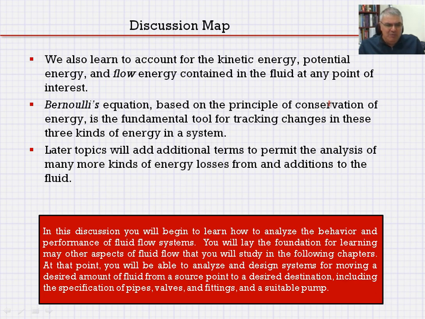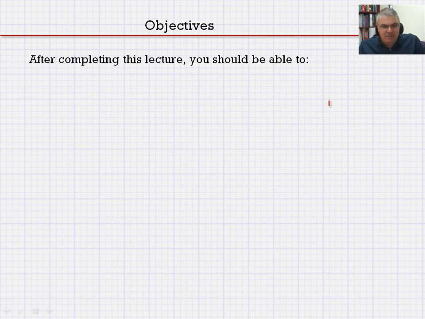Our goal would be to analyze the behavior and performance of fluid flow systems, whereas up to this point we pretty much concentrated on the static behavior of the fluid. Now we would like to see if the fluid is moving, sometimes at velocities that are causing all kinds of impact on the flow. How would that behave? What would be the behavior of the fluid?